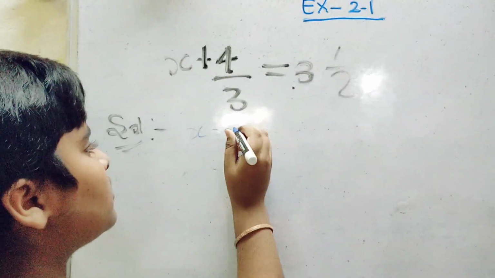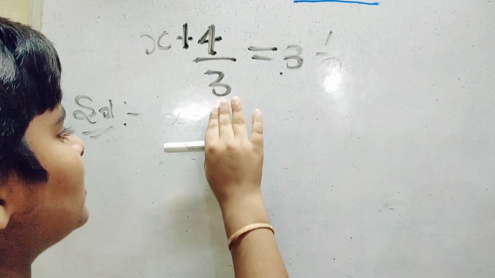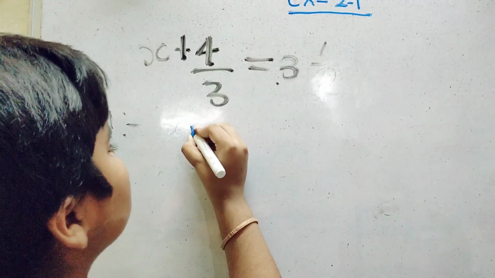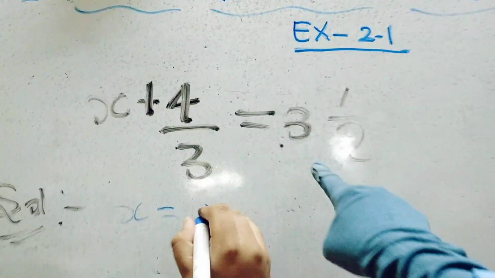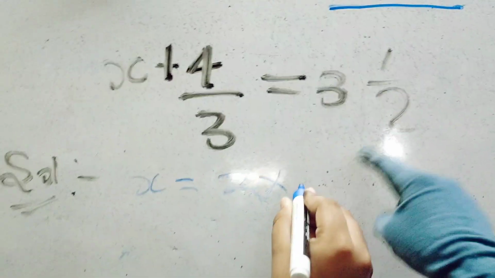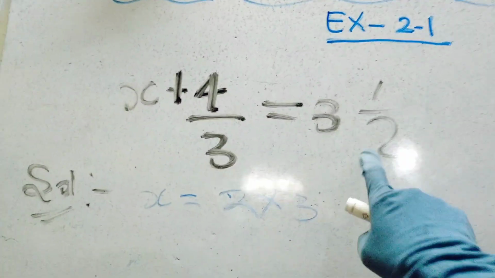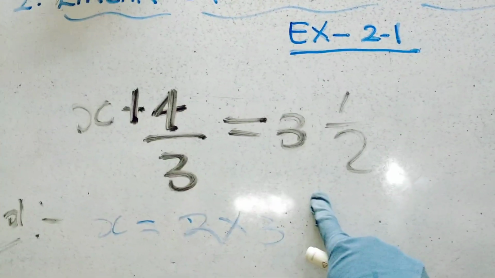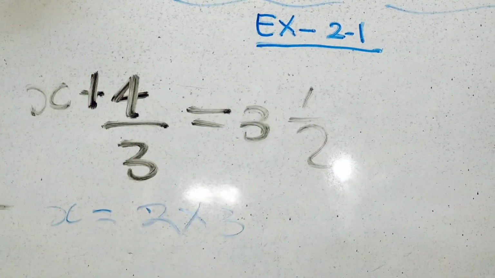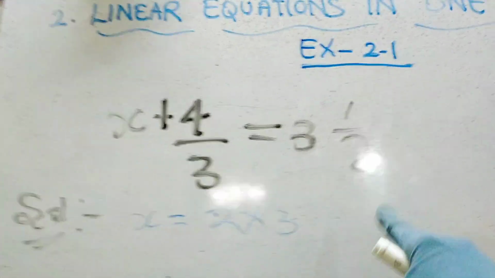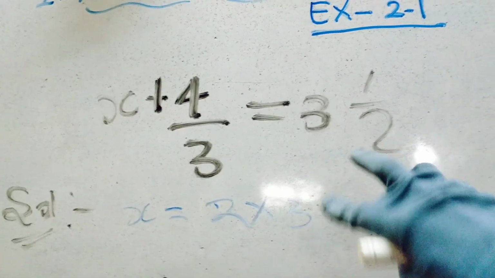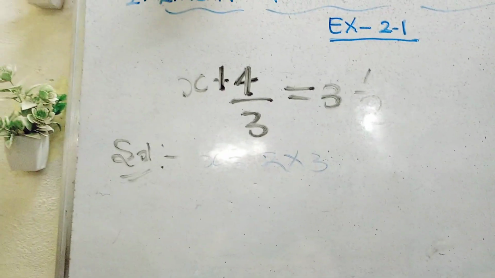Yes. x equal to. See, this is a mixed fraction. Manoj, one minute. Look here. This is a mixed fraction. Whole number and a fraction. So to convert a mixed fraction into an improper fraction, what you have to do?